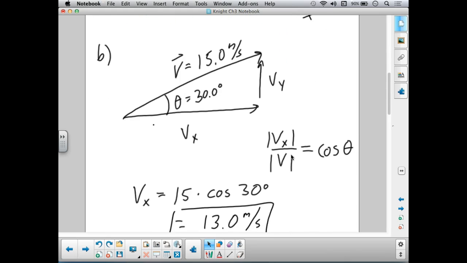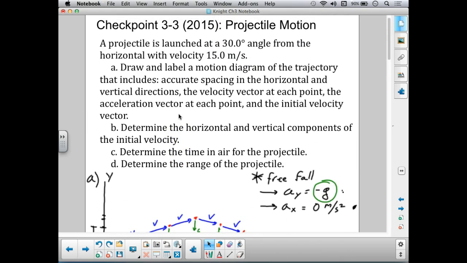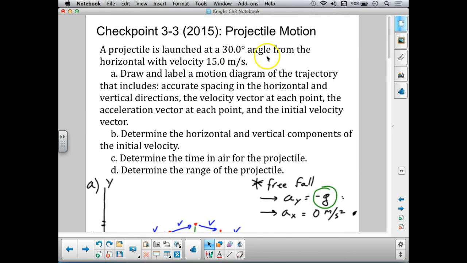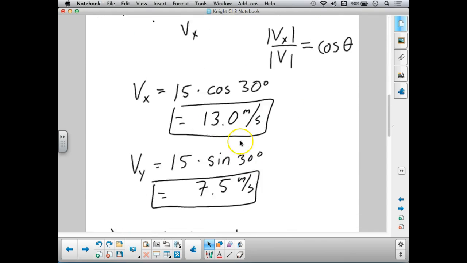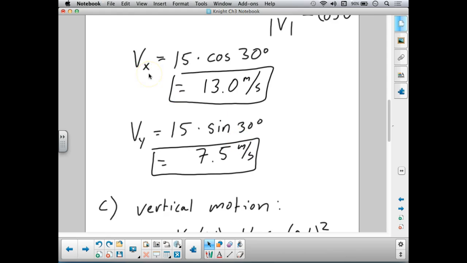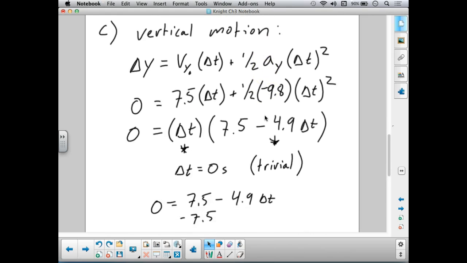Then I solved for the components of my initial velocity. I did that by setting up a triangle. I knew the angle of release from the horizontal at 30 degrees. I used my trig relations to set up the fact that the horizontal component of velocity was v cosine theta. The vertical component was v sine theta.